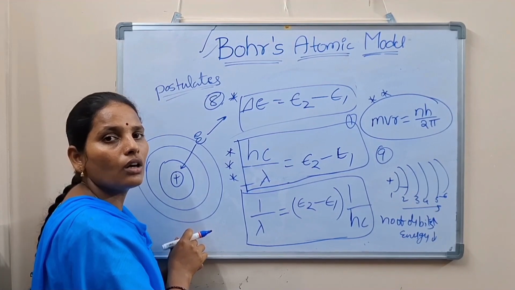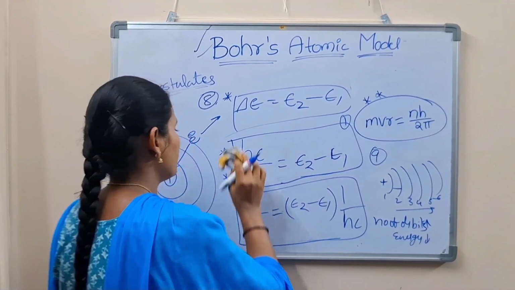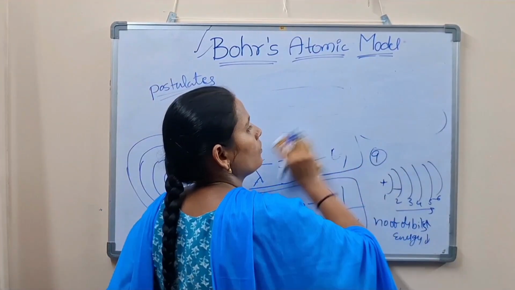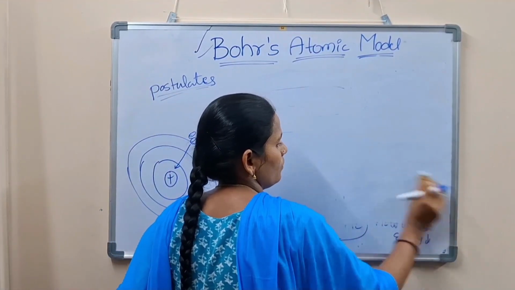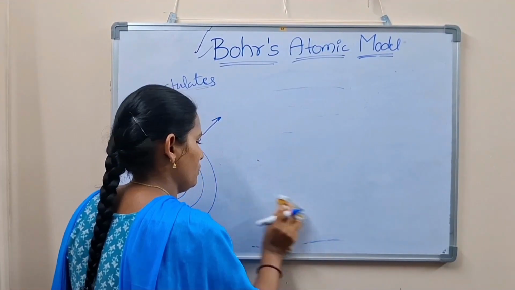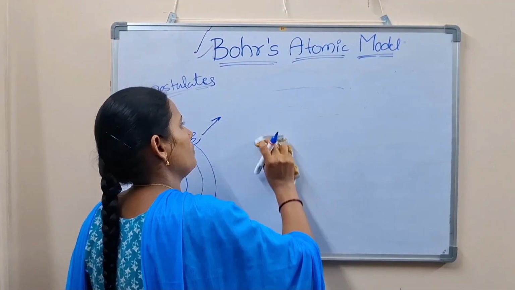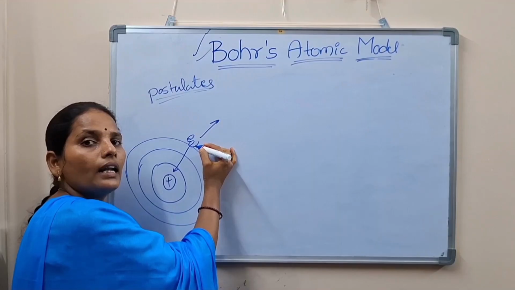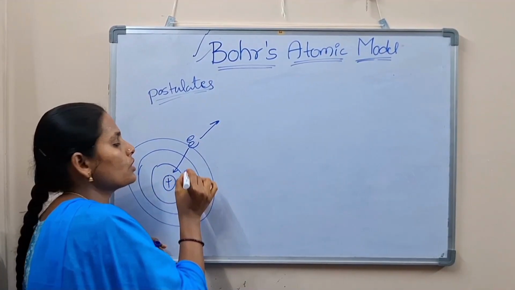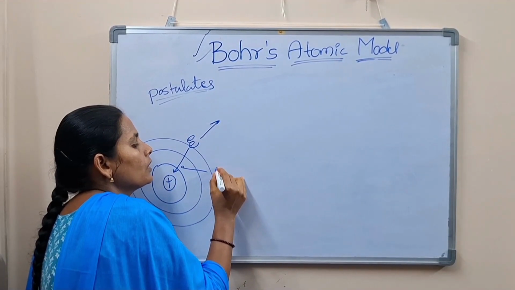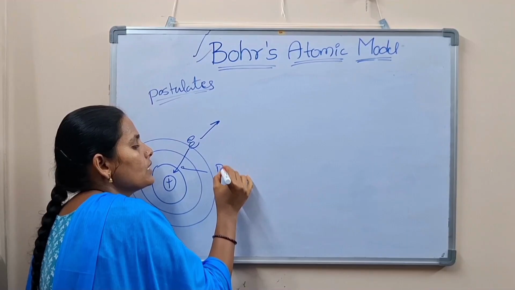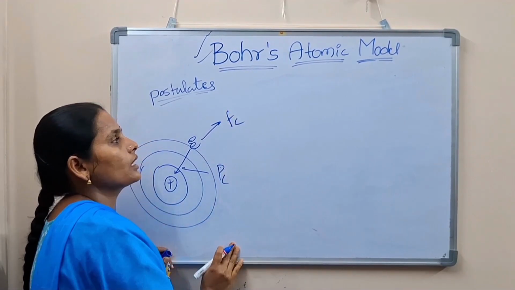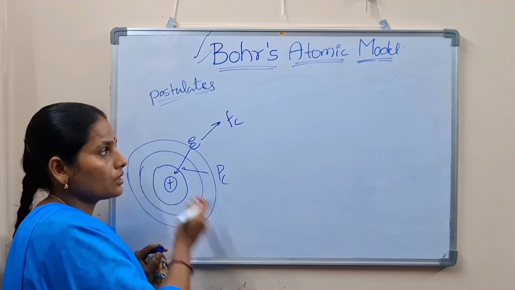Let's see that one also. Here the force on the electron moving towards the nucleus is centripetal force. Away from the nucleus is centrifugal force.